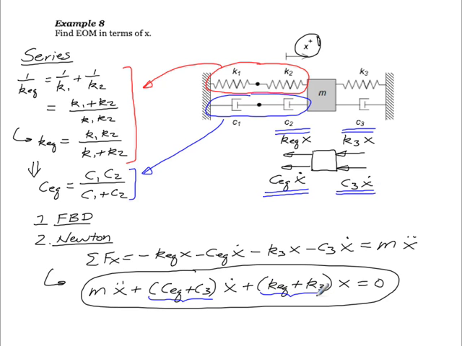These add and those add. So this last part was more of an observation of a result, where the first part we directly replaced the series springs and the series dashpots by their equivalent stiffness and damping.